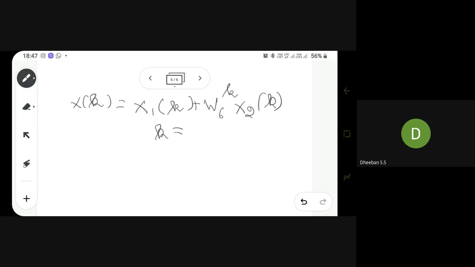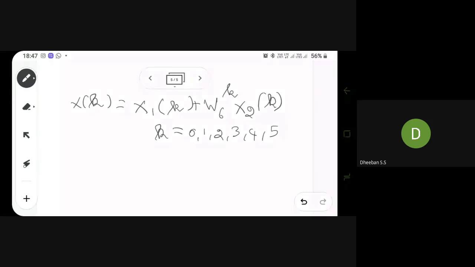It takes from 0. That is, k will be equal to 0 to n minus 1. So it will be taking the values 0, 1, 2, 3, 4, 5. Your n value is 6, so it is 6 minus 1. Now we are dealing with the W6. So now we have to find your W6 of k.